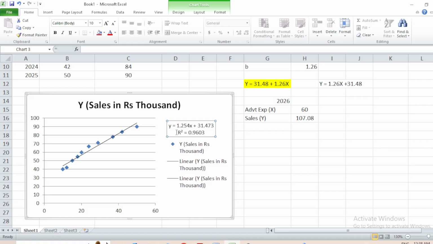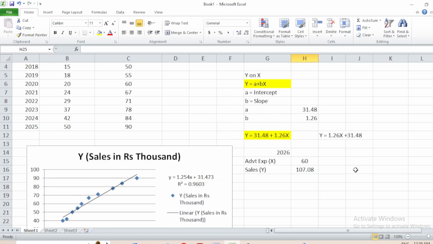Also remember, the value of R square will tell you the percentage of the variation in the variable y, which is explained by the variation in the variable x. Higher the value of R square, the higher the coefficient of determination would be. So this is the regression equation on the graph.